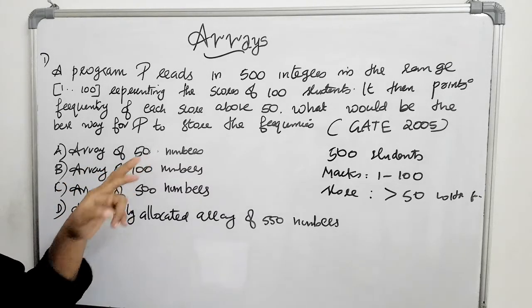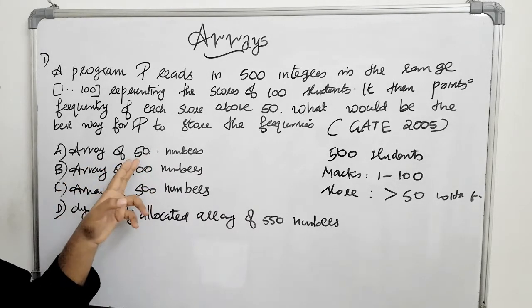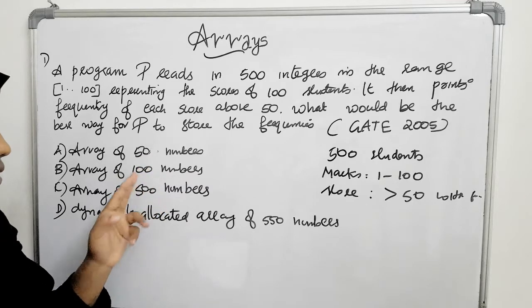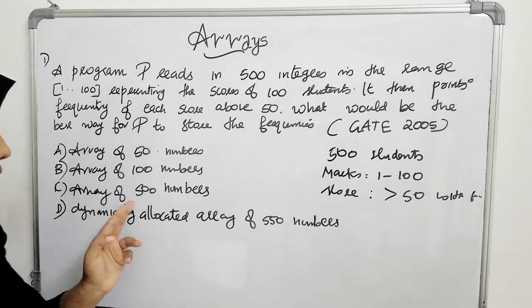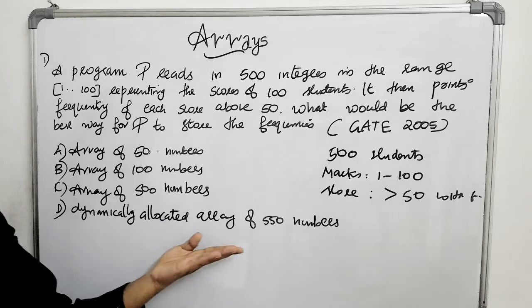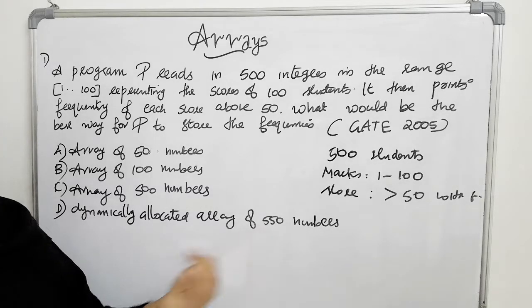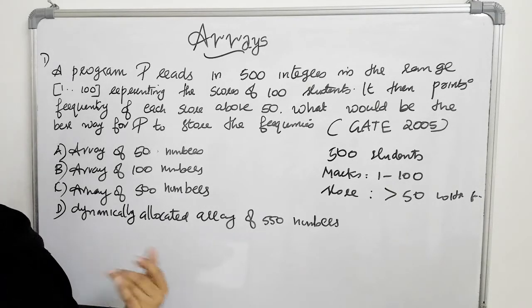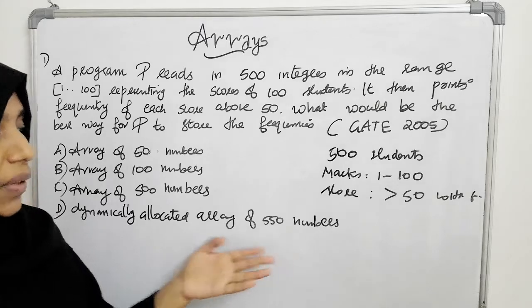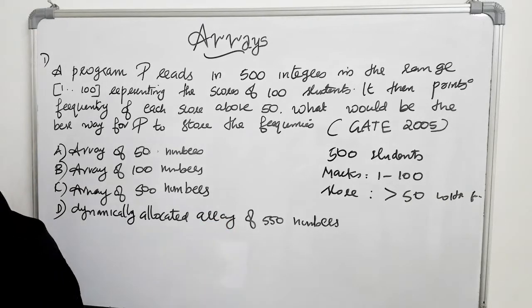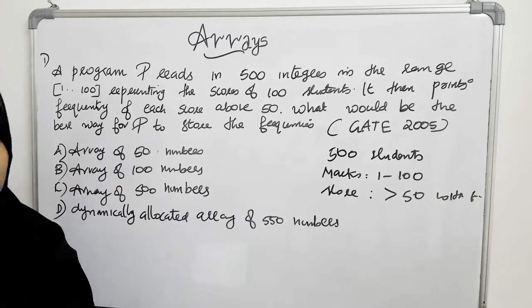So the options are an array of 50 numbers, an array of 100 indices, an array of 500 indices, or a dynamically allocated array of 550 indices which can store 550 numbers. We have to find out the best way.